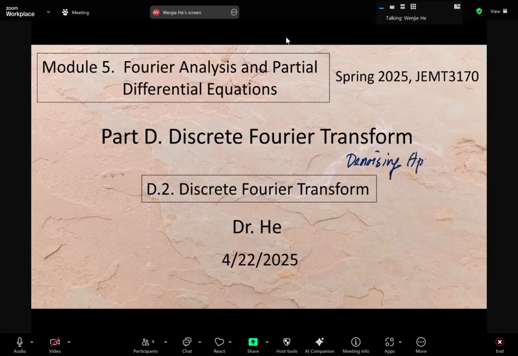Here you can talk about a sound file, an image file or a video file, where there is some noise. You can see the noise.